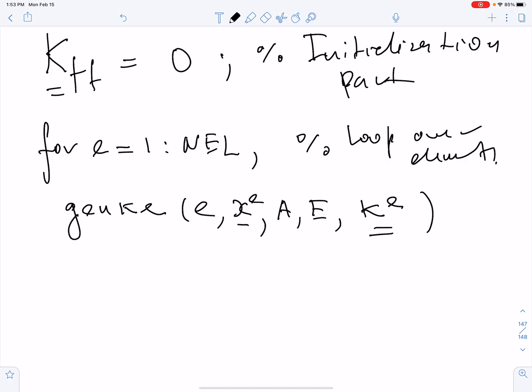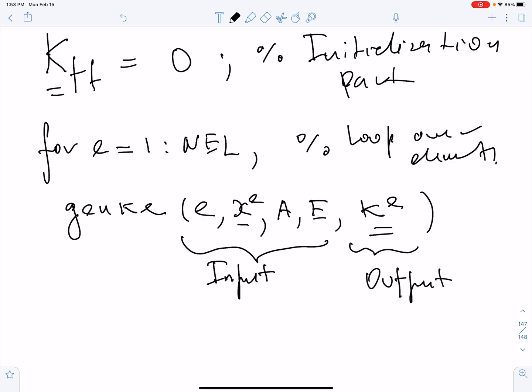So this is your input: element number, geometry, and material parameters. And your output is the corresponding stiffness matrix.